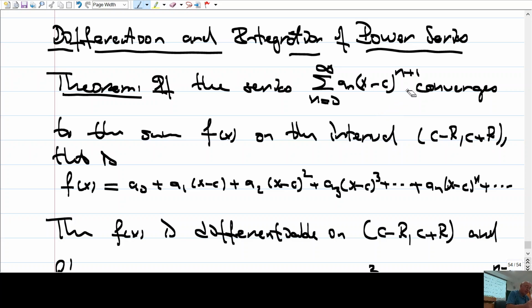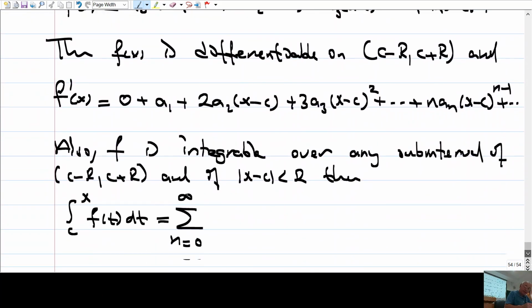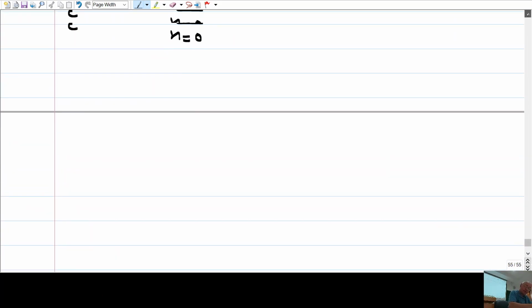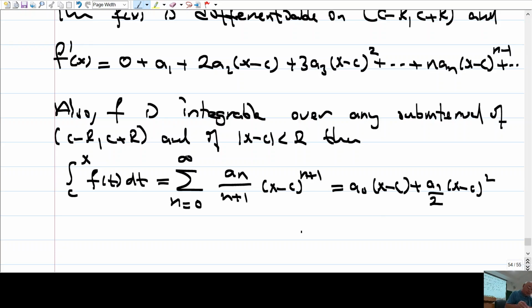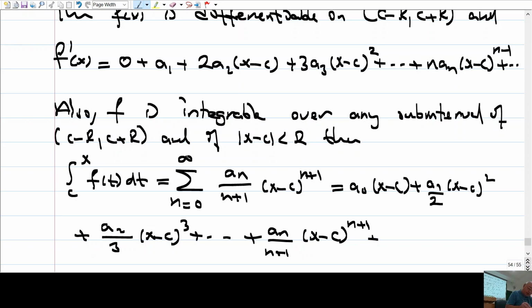This theorem tells us exactly that. So this is equal to a_n over n plus 1 times (x minus c) to the power n plus 1, or more precisely, a0 (x minus c), plus a1 over 2 (x minus c) squared, and then a2 over 3 (x minus c) cubed, and then a_n over n plus 1 (x minus c) to the power n plus 1, and so on.